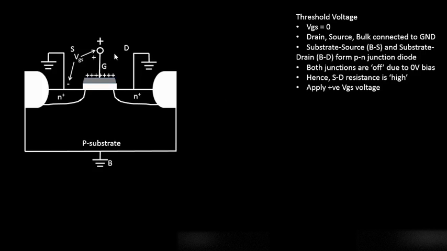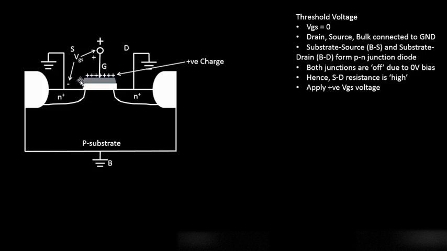When you apply a small positive voltage at the gate, this plate of the capacitance gets positively charged, and as a result it will repel all the positive charges present over here. A p-type substrate consists of p-type charges in majority, so the majority carriers are positive charges and the minority carriers are negative charges.